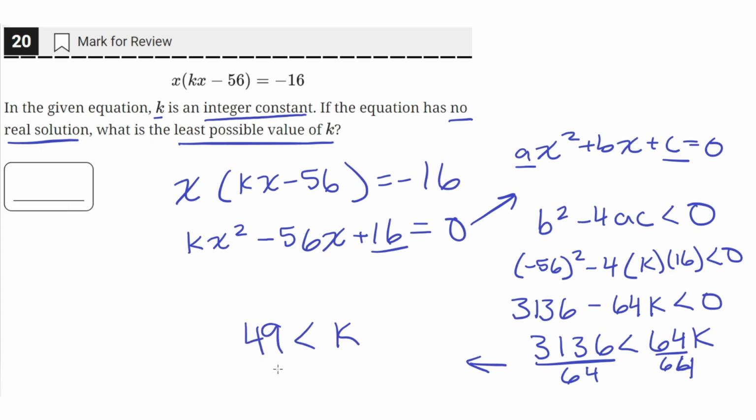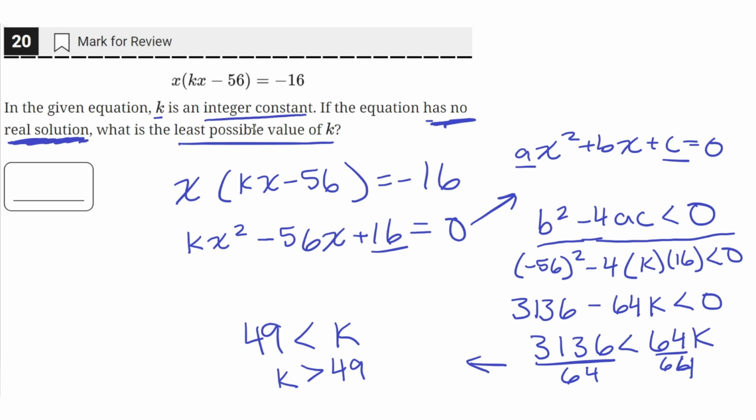And then we can just flip this to say that k is greater than 49. So that means we need k to be greater than 49 in order for the discriminant to be negative, because when the discriminant is negative, that means we have no solution.